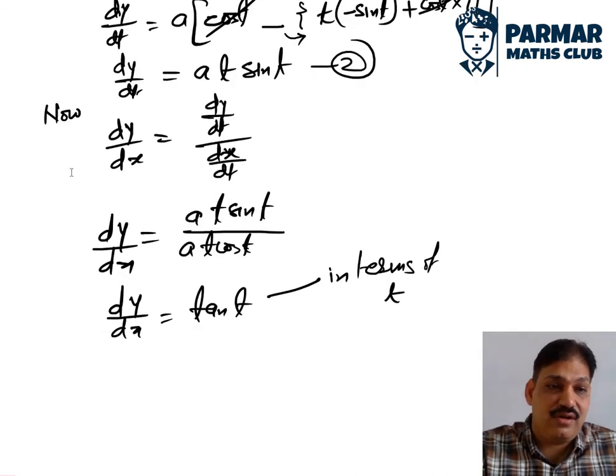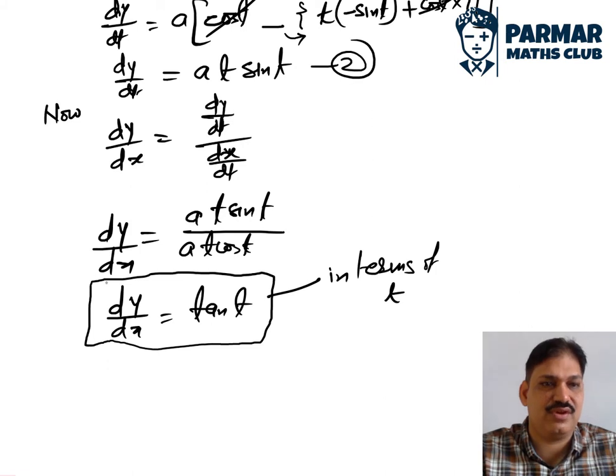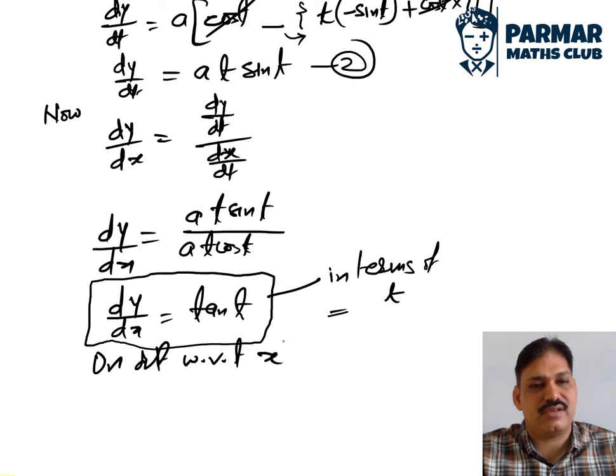That is the most important point. Now this will be differentiated with respect to x, and on the right hand side we have to apply the chain rule because it is not a direct function of x but a function of t. So on differentiating with respect to x, this time we are differentiating with respect to x. Let's see what we get.